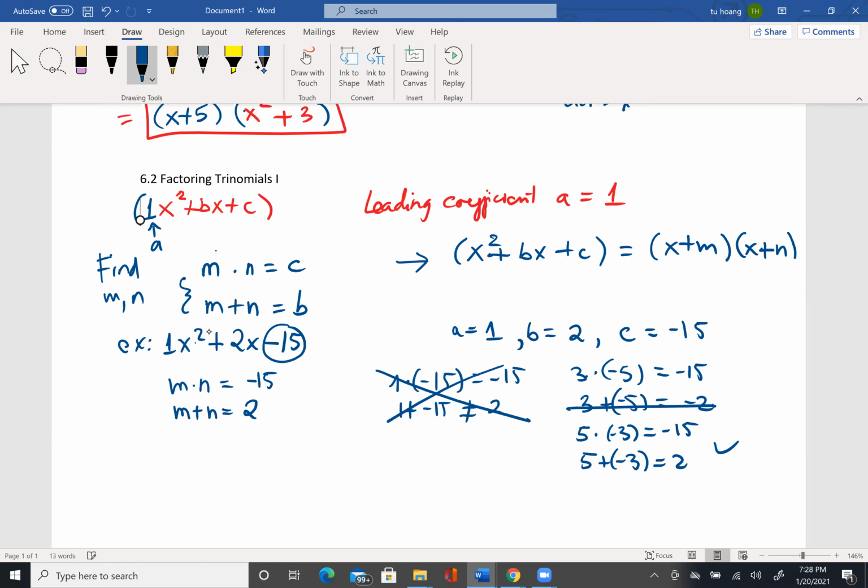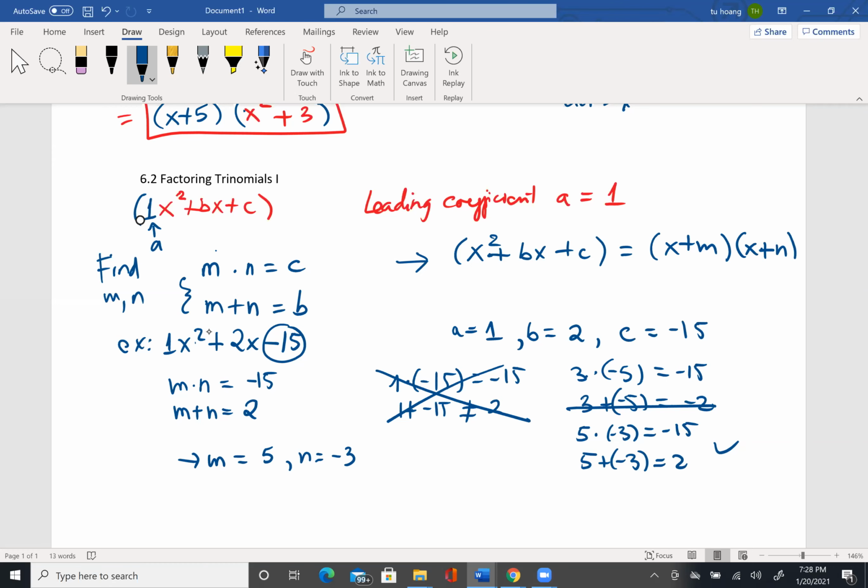This is a good one. So now I'm going to substitute. I know that m is equal to 5 and n is equal to negative 3.